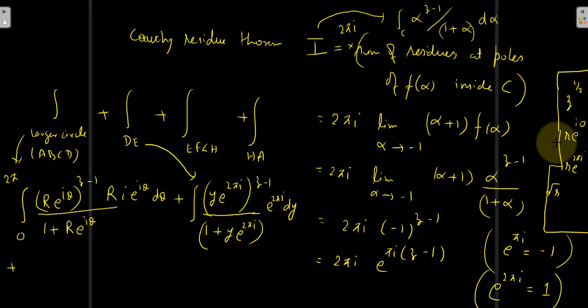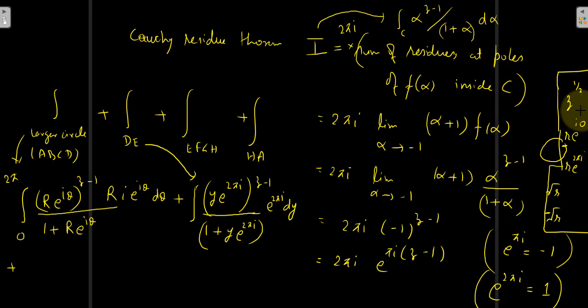But if you put z equals r e to the 2 pi i in this square root z, you will get square root of r and e to the power 2 pi i by 2, and that will be equal to e to the power pi i only, and e to the power pi i is minus 1, right?